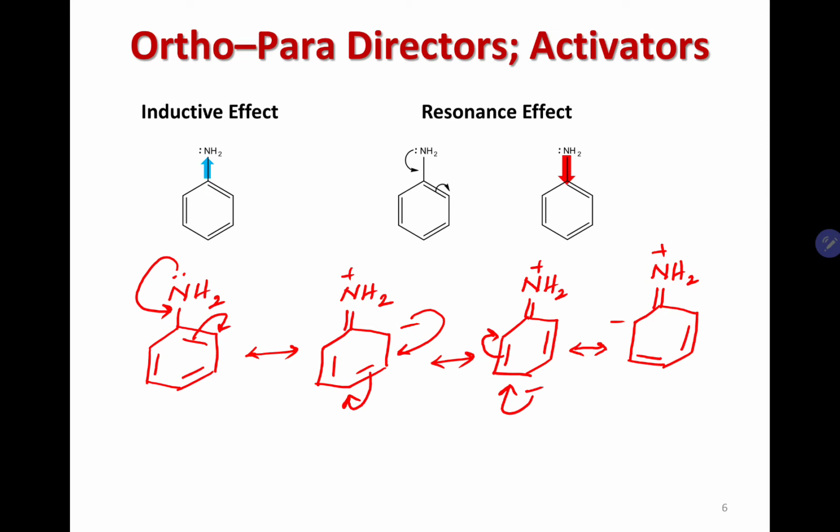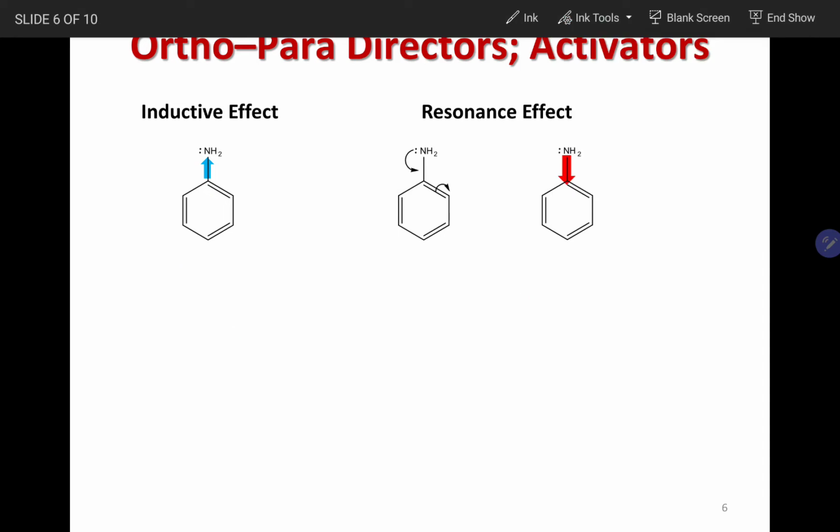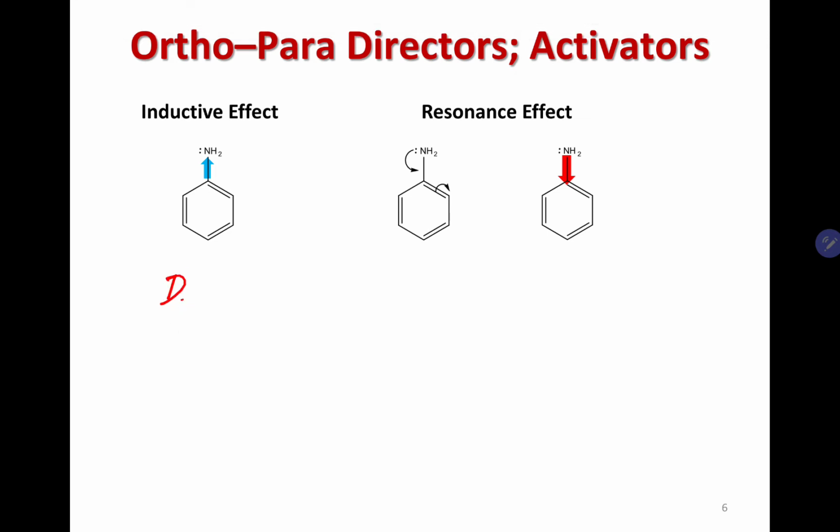And also, the other important thing is that the inductive effect is a negative effect. The inductive effect basically decreases the electron density on benzene, so this is a deactivating effect. But the resonance effect is increasing the electron density on benzene, so this is activating.